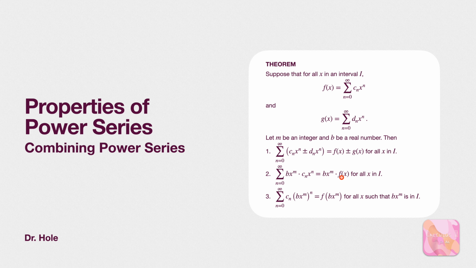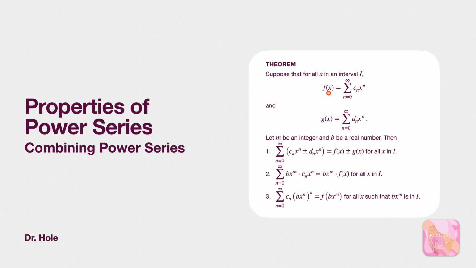We can also take the form of one of the functions as a monomial and multiply them. And we also have the notion of a composition of functions. So carrying those ideas from pre-calculus into the power series representation of nice functions, what can we do?